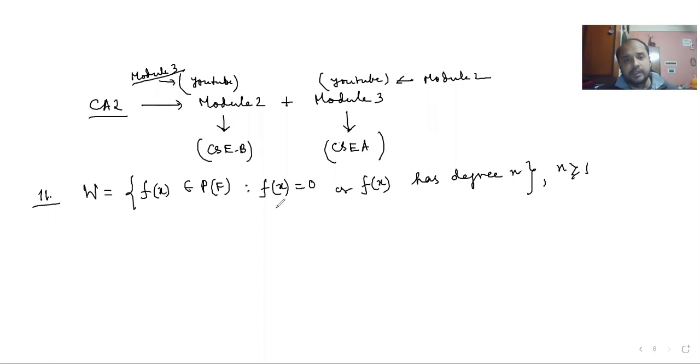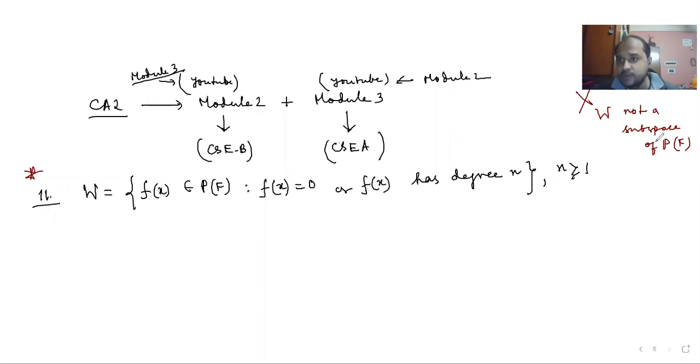I asked which of the following statements is incorrect, and one choice was that W is not a subspace of P(F). Most of you have ticked this option.